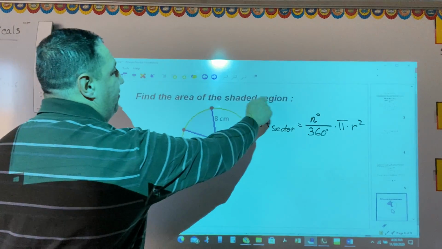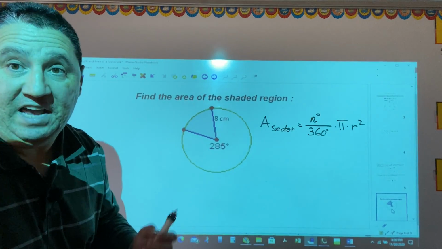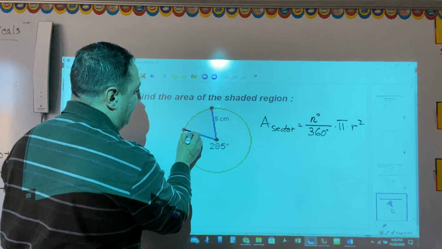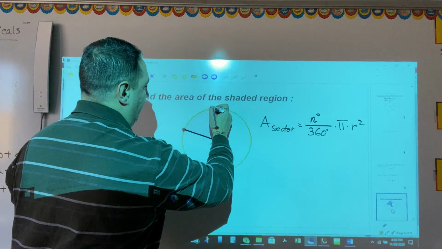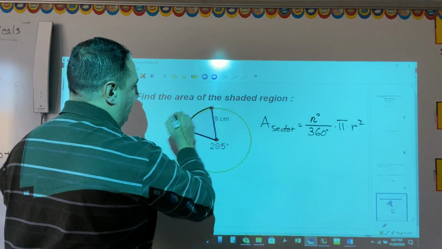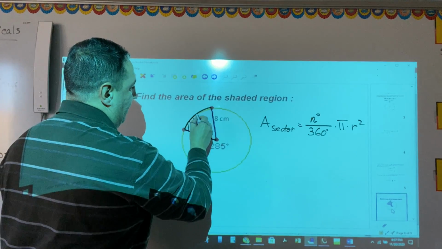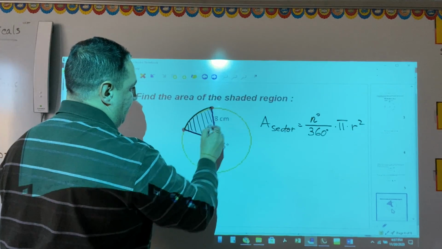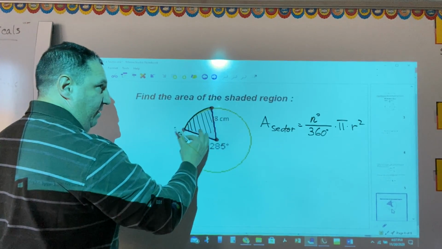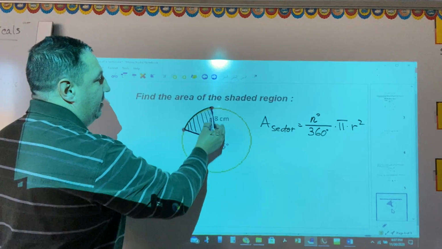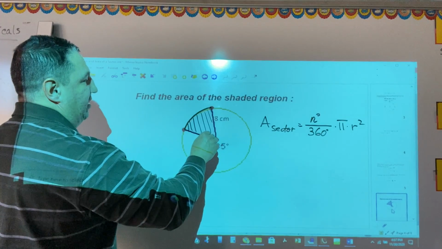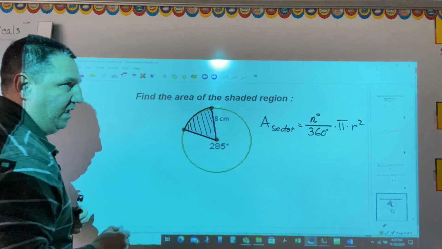Find the area of the shaded region. In other words, the area of the sector of the circle. That's the sector of the circle we are looking for. Remember, the sector of a circle is the region bounded by the arc length and the radii that are associated to its endpoints.